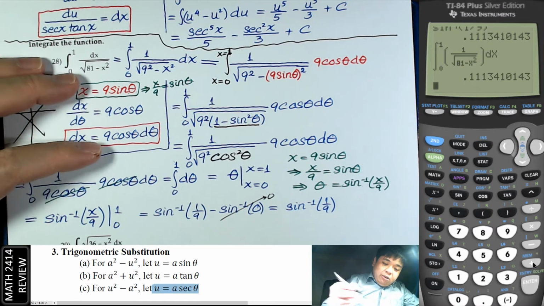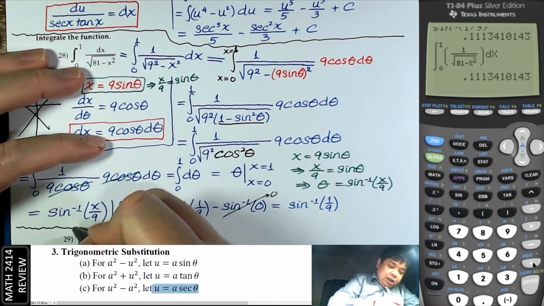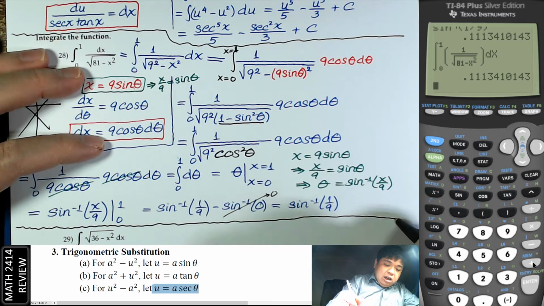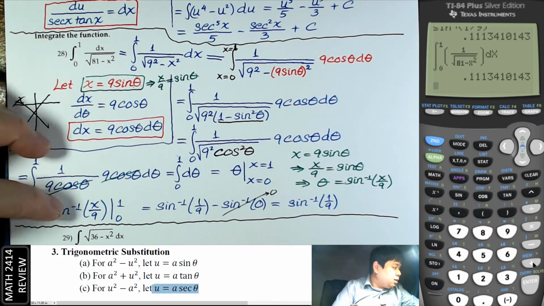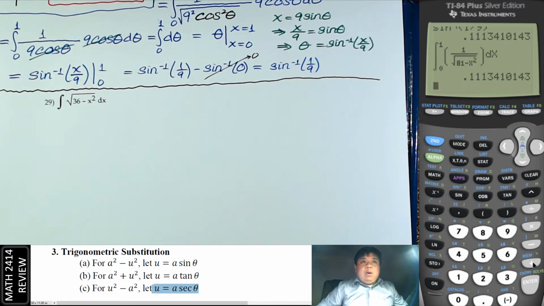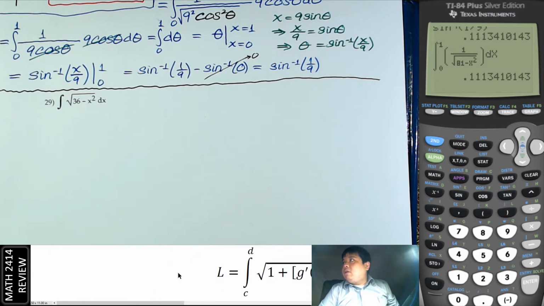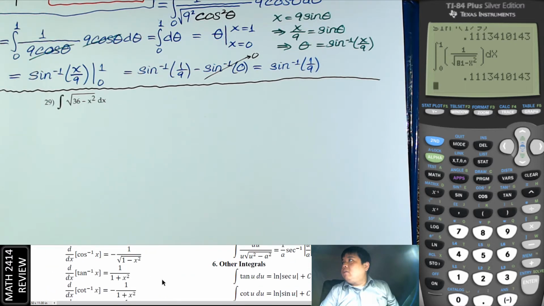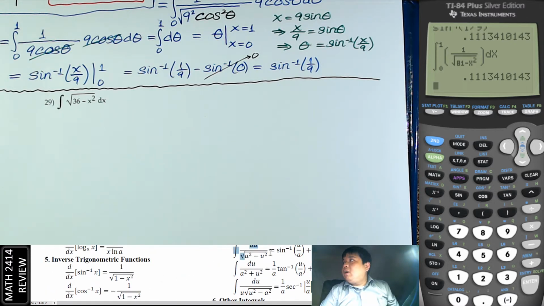So that is the variable square, I mean the constant square minus the variable square, so that is sine. By the way, if we look at the formula for the integral, we do have that sine inverse.